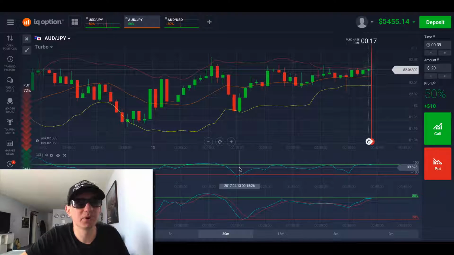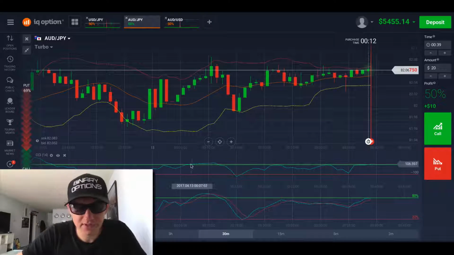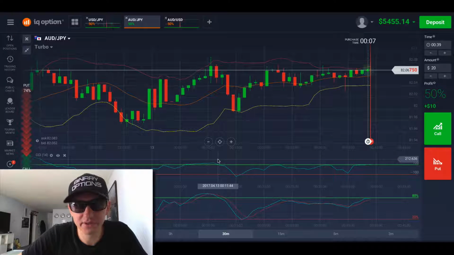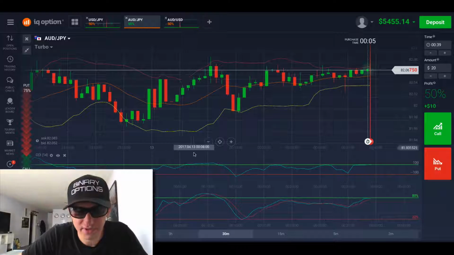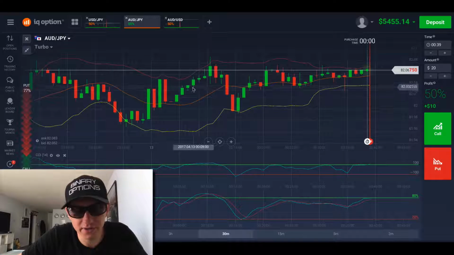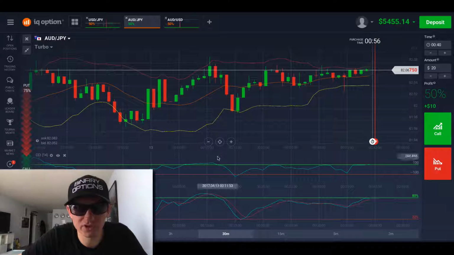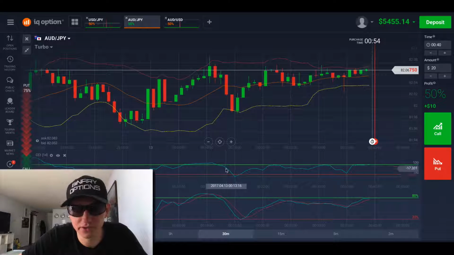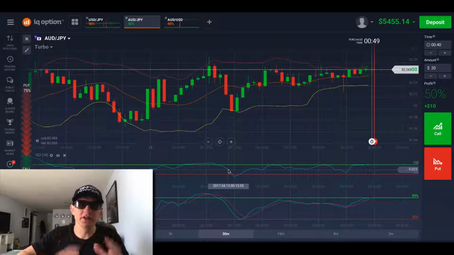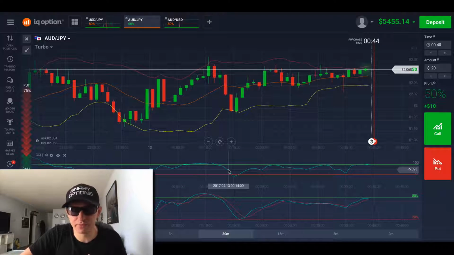Basically, whenever you see the breach, let's say for example of the upper line, it means that there is an upward trend happening. And just like here, there is the breach over here, and we do see the upwards trend. Whenever it goes back to the 100 minus 100 level, it means that the trend eventually lost its steam, and the price has gone back to the previous position.